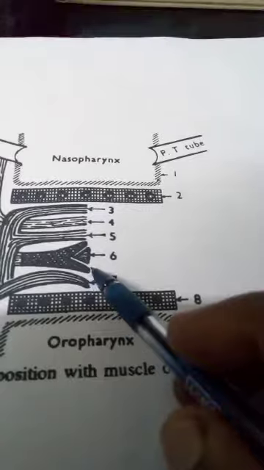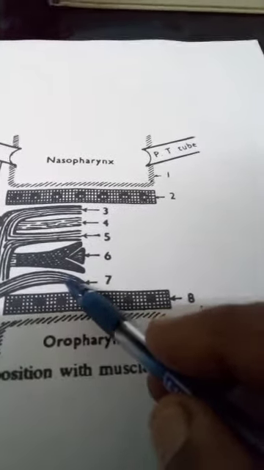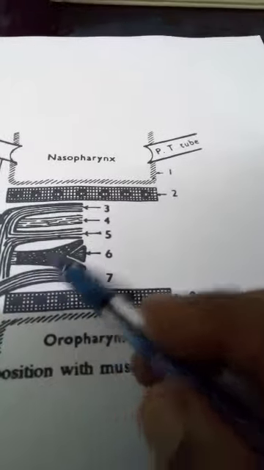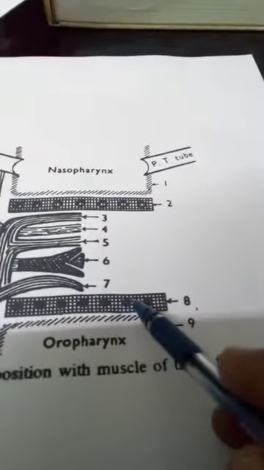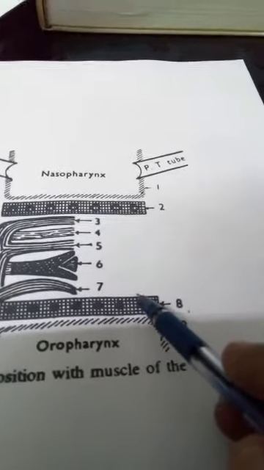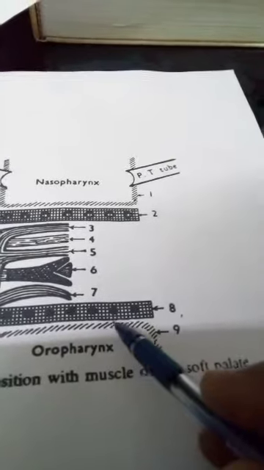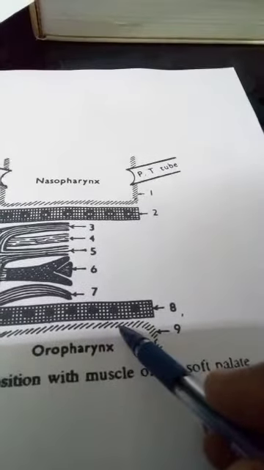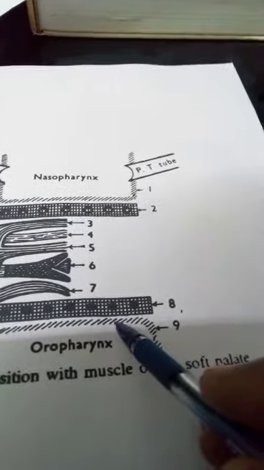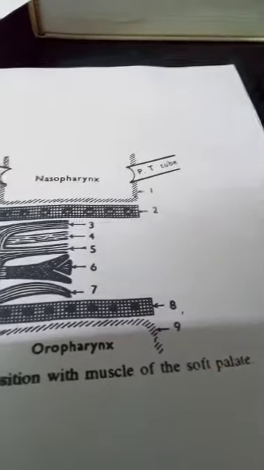After this, we will find a muscle. The name of the muscle is palatoglossus. After palatoglossus comes the submucous coat containing lymphoid tissue. Thereafter comes mucous membrane of the oropharynx lined by stratified squamous epithelium.